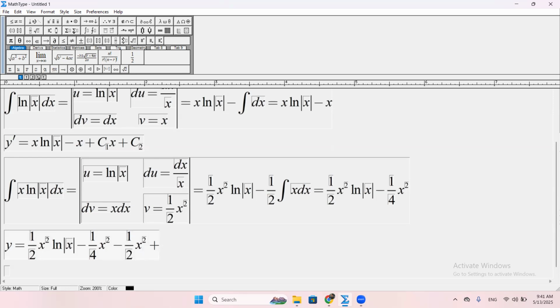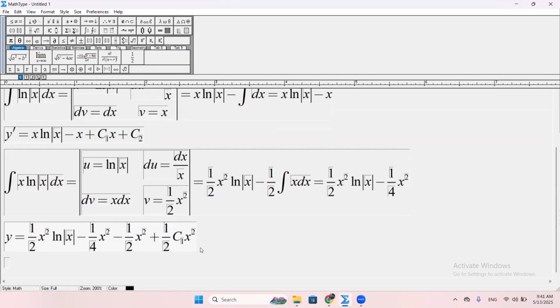Plus C1 x square. Paying attention that here I don't use 1/2, but we better use it just for more understanding. But this is an arbitrary constant, and it will be found if you have initial conditions.